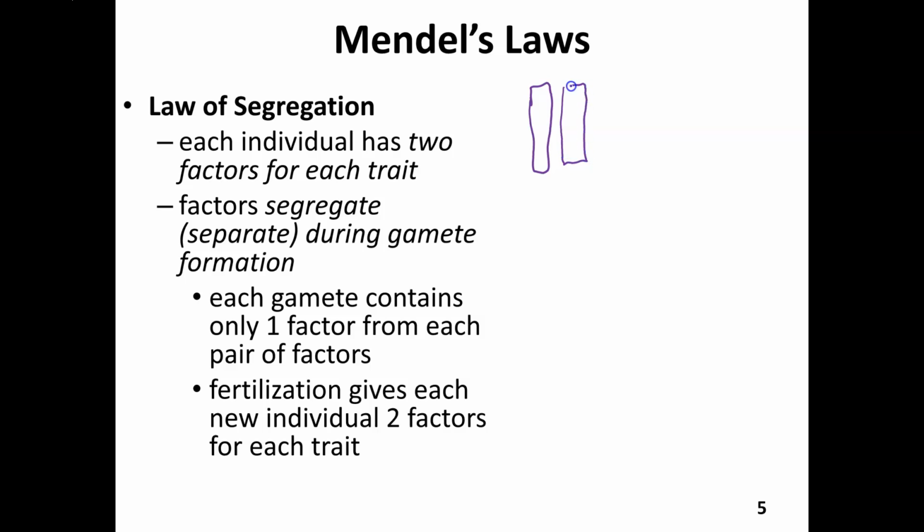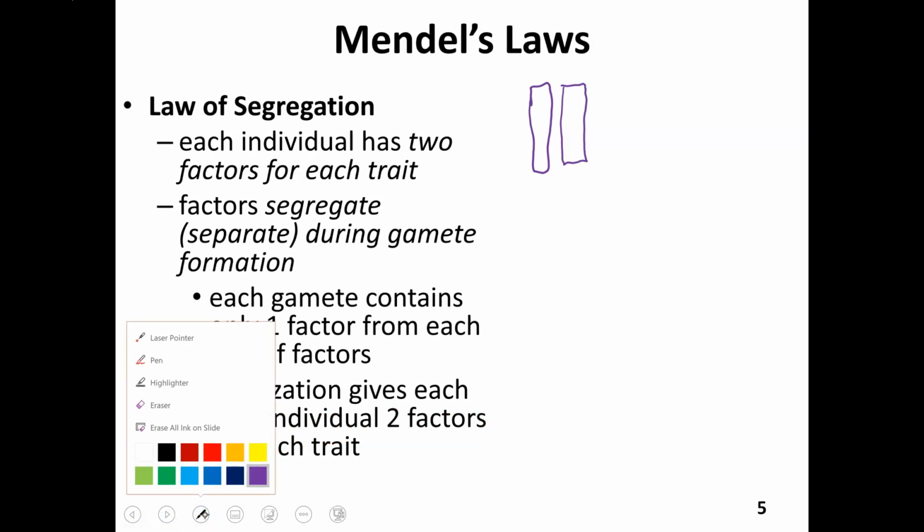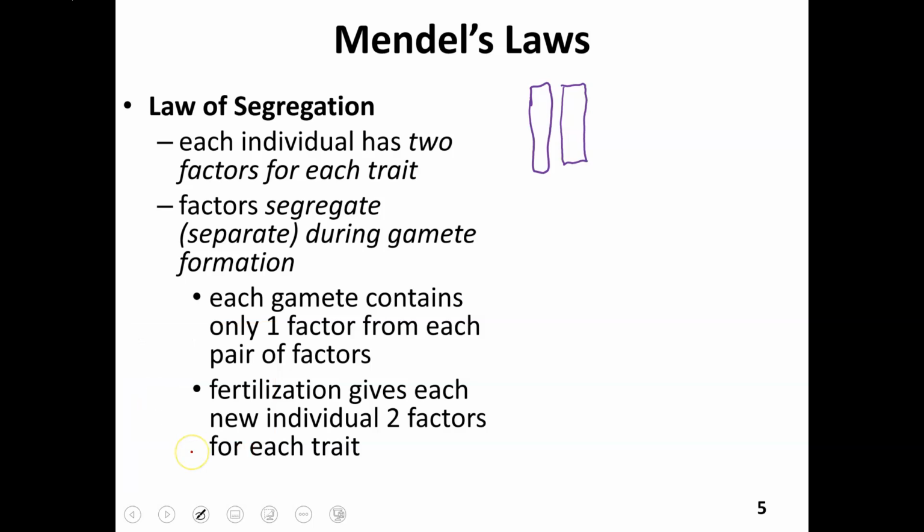And I'm just going to use purple because that's the color I had. She has a big G here and a little g here on her chromosomes. And maybe she might have something else, but we're just going to do big and little g.